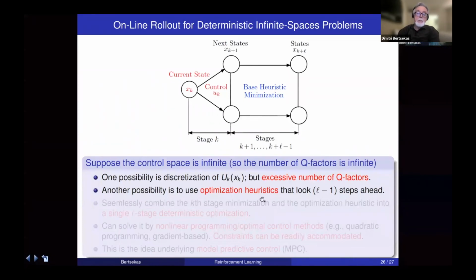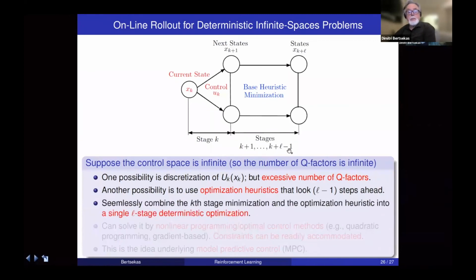In other words, consider here a base heuristic that involves minimization over L-1 stages. So this is the base heuristic, an optimization problem that involves L-1 stages. And now you have also optimization of this cost of transition over UK plus the heuristic.